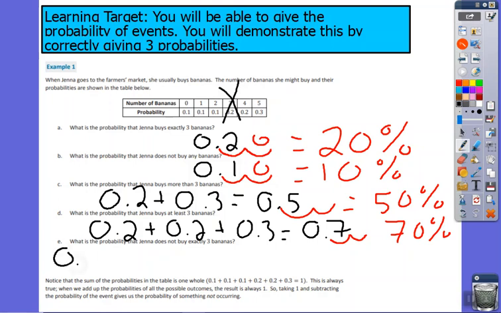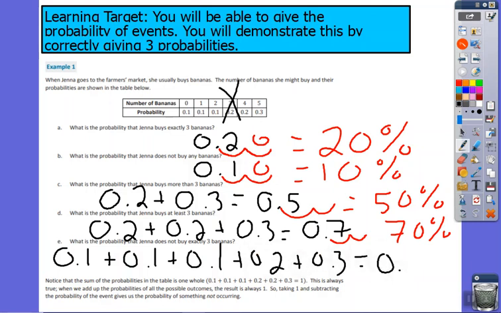So I've got 2 0.1s, 3 0.1s, a 0.2, a 0.3, and that is all going to add up to 0.8. If I'd like to make that a percent, I'll move it 2 places over. 80% chance that she's not going to get exactly 3. She'll get something else. It doesn't say if it's higher or lower. It's just something else.